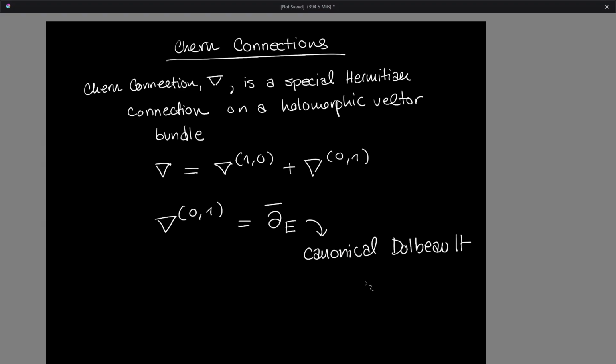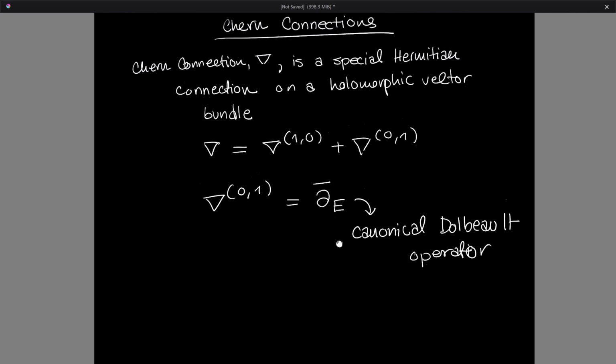By the way, the canonical Dolbeault operator looks special, but it's actually just the Dolbeault operator on the vector bundle. We're calling it bar partial E to emphasize that it's the Dolbeault operator on the vector bundle as opposed to on the tangent spaces we defined before. But when we go to the coordinate system of the vector bundle, it just is the bar partial operator there. It's not a special operator, but it's the preferred one for the vector bundle. That's why it gets the subscript E attached to it.